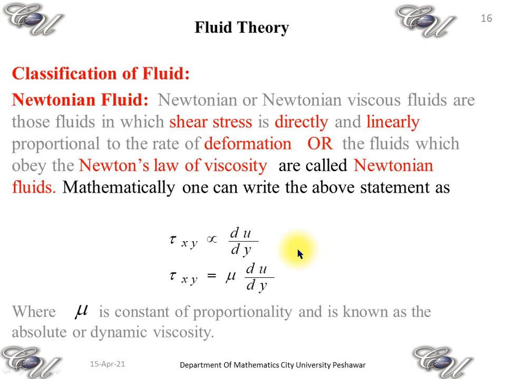But those fluids which do not have this property as a constant, in other words, while applying stresses, deformation occurs, but this property will increase or decrease. Okay, because this is viscosity, so the fluid will become thicker or thinner.